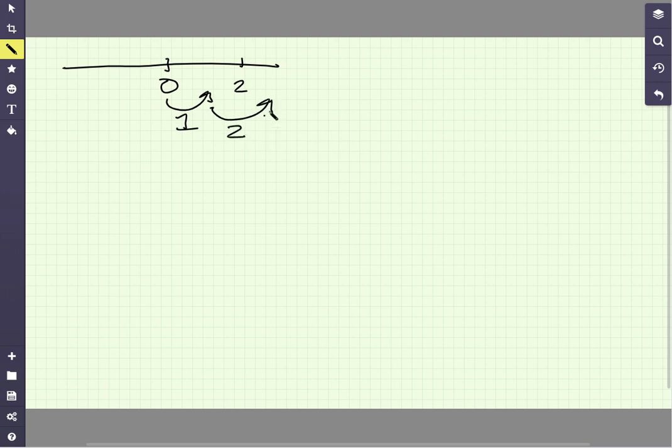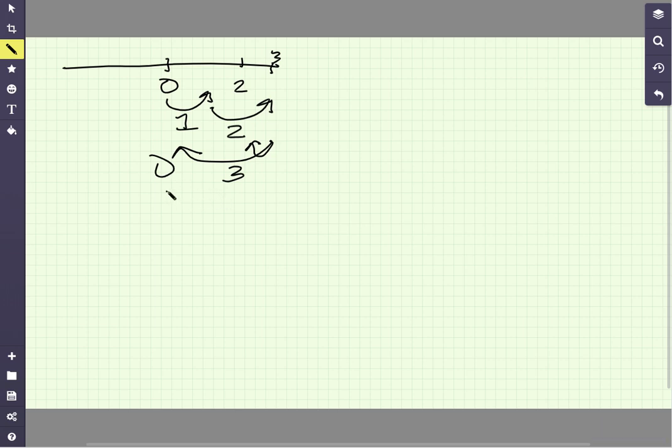You take 2 steps and you're at 3. So you got to head back, but now you got to take 3 steps, so you go all the way back. So now you're back to 0 again.